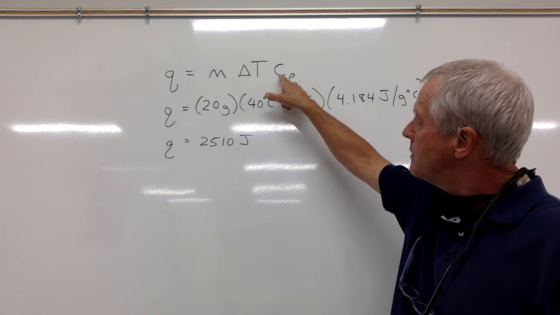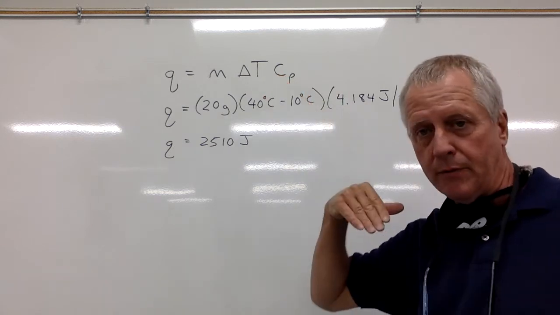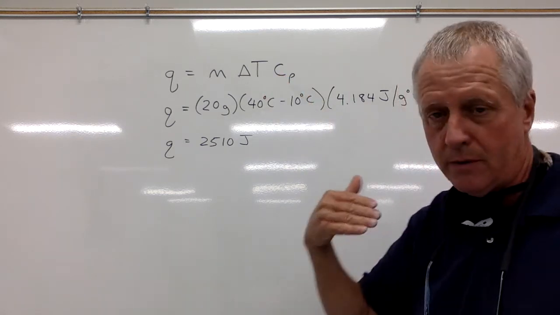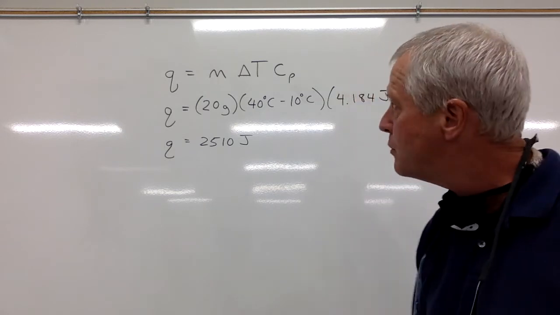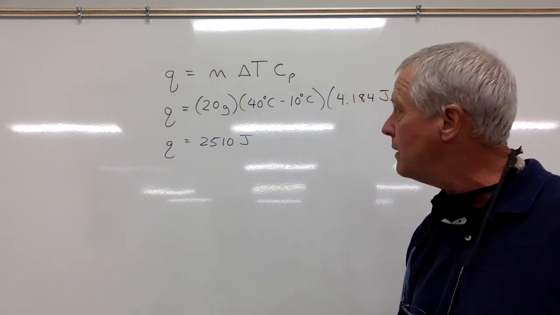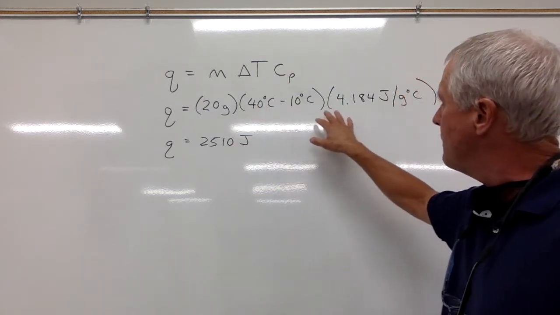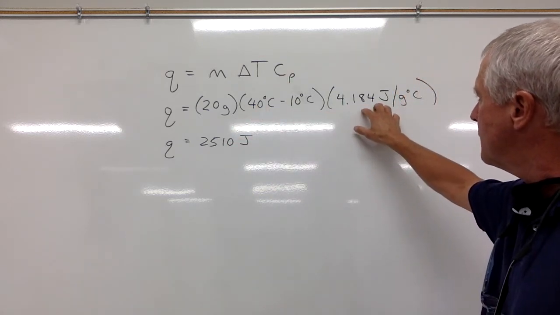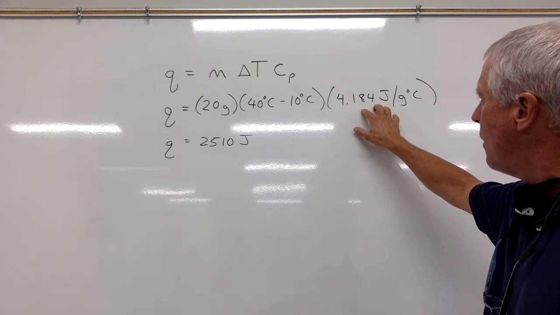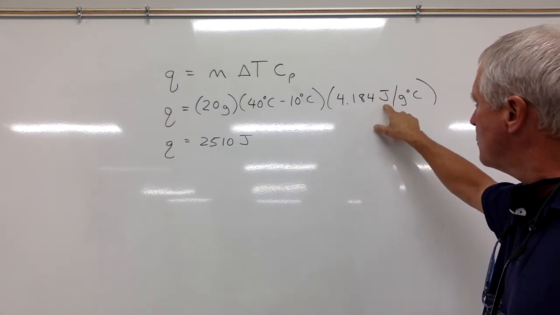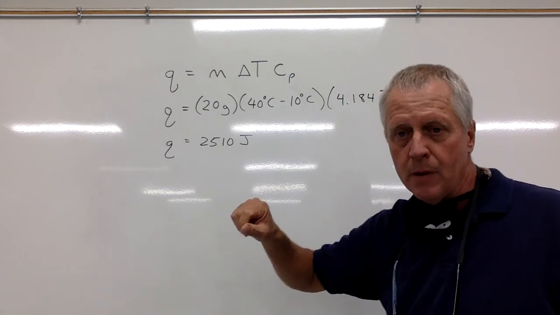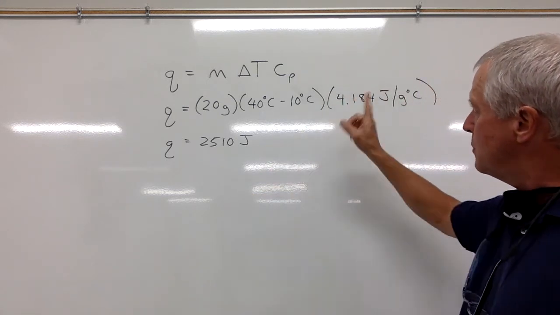And then C sub P is specific heat. There's a table in your notes that shows some of the different values of specific heat for different things. So when you plug all that in, you will notice that your specific heat for water being 4.184 joules per gram degree Celsius will end up being joules because you can cancel.